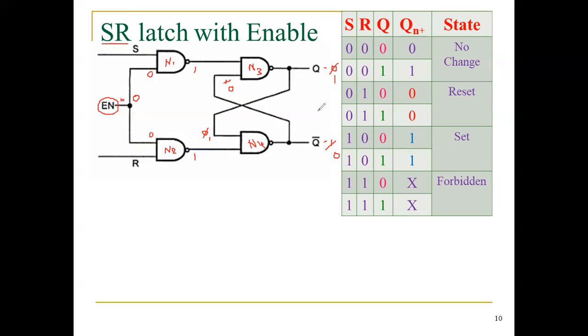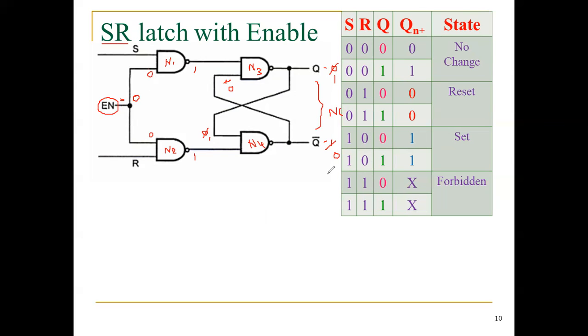So whatever may be the assumption here, whenever my enable pin equals 0, there is no change in output. I think now you can get the clear idea about this. So if you understand this, that's all the subject. Now my output is no change. My output is no change condition. Whenever my enable pin is equal to 0.